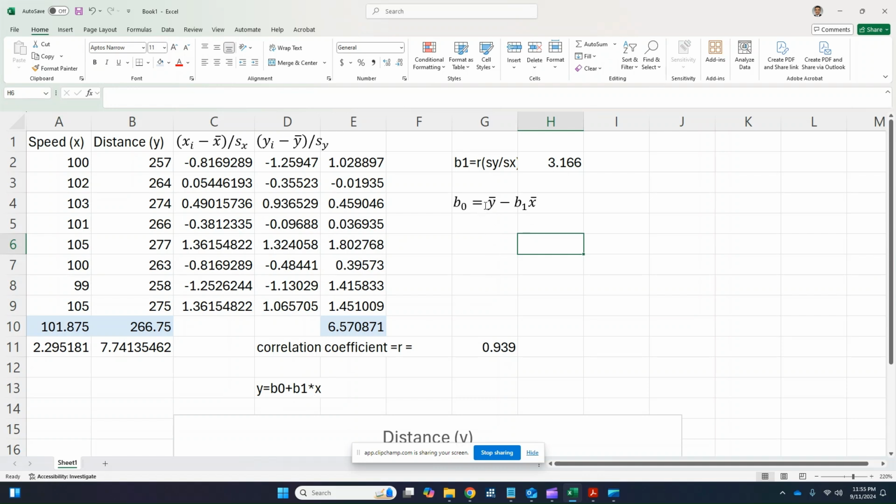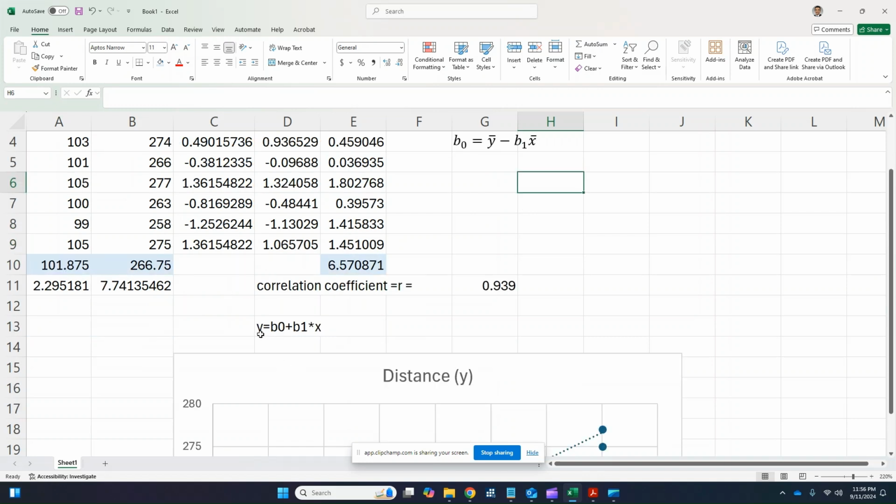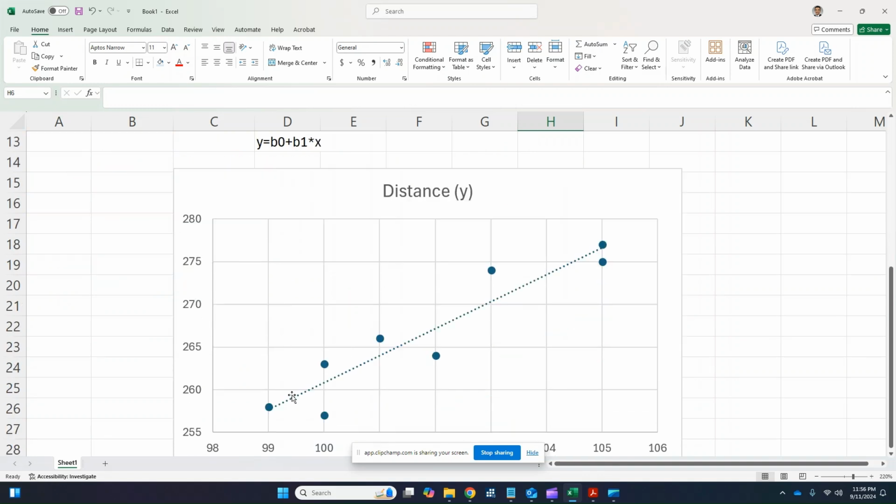And we have this because using this equation, we are trying to predict the values of y on average, because we cannot predict exactly these values. The values of y we predict are on this line.